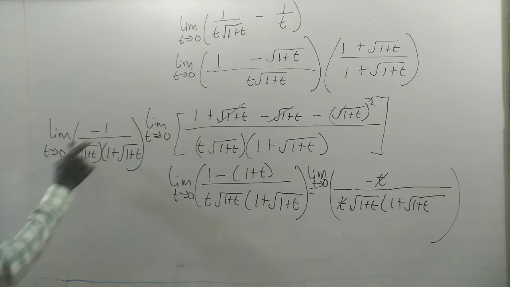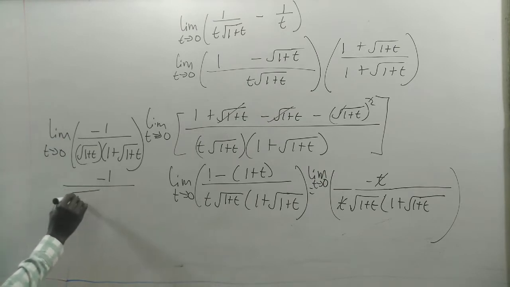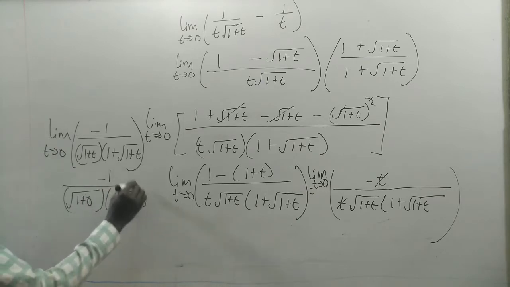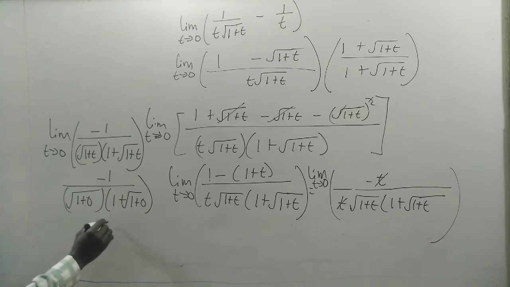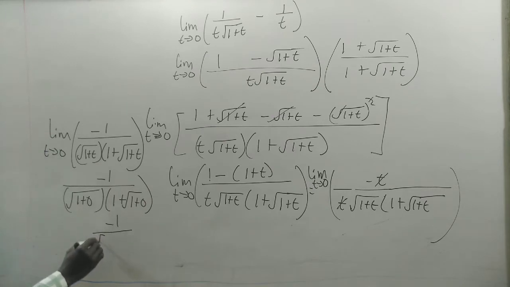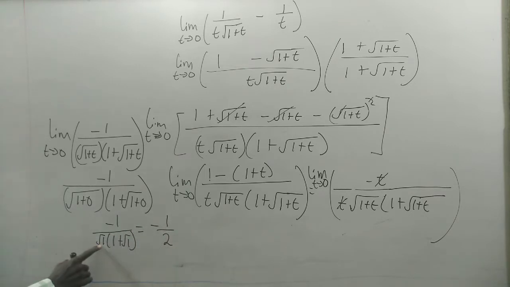Now as t approaches 0, we are going to have negative 1 divided by square root of 1 plus 0 times 1 plus square root of 1 plus 0. And this will give us negative 1 divided by root 1 into bracket 1 plus root 1. It will give us negative 1 divided by 2. So here root 1 is 1, and here root 1 is 1. So 1 plus 1 is 2, and 1 times this will give us that. Very simple as that. Let's take the next question.